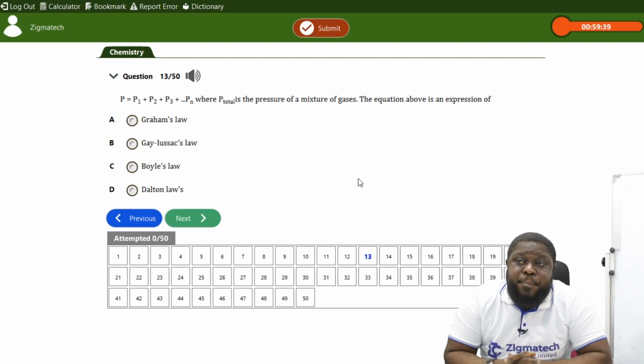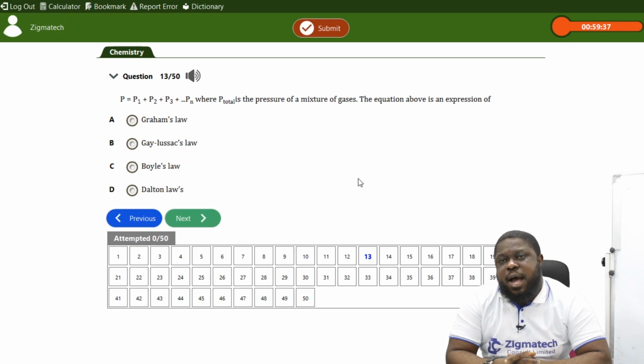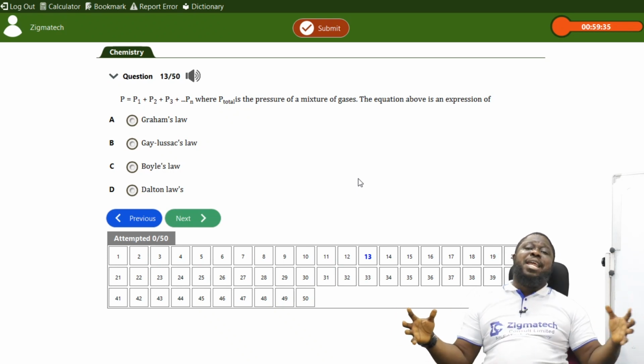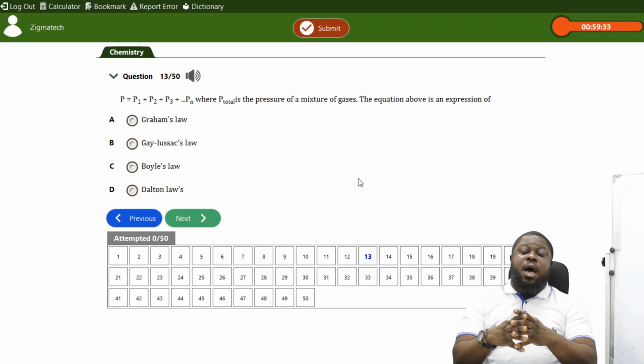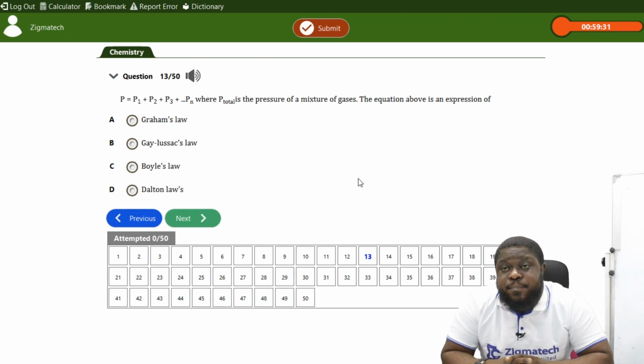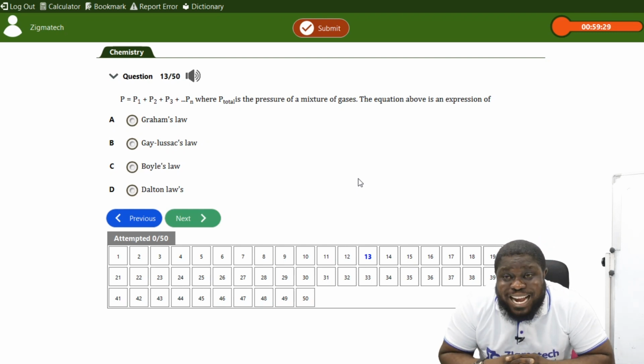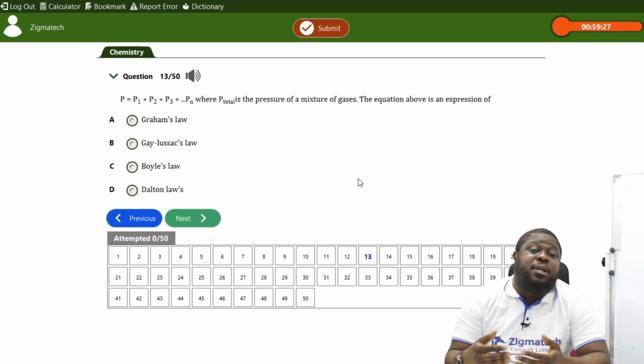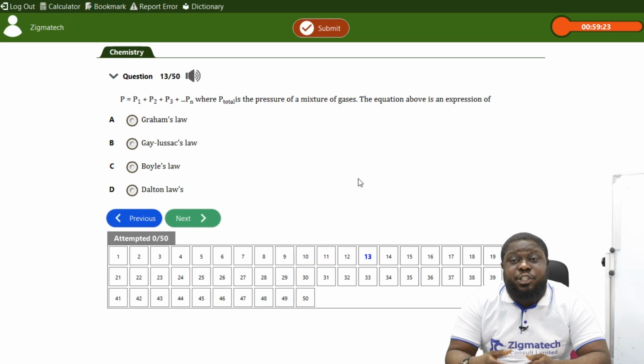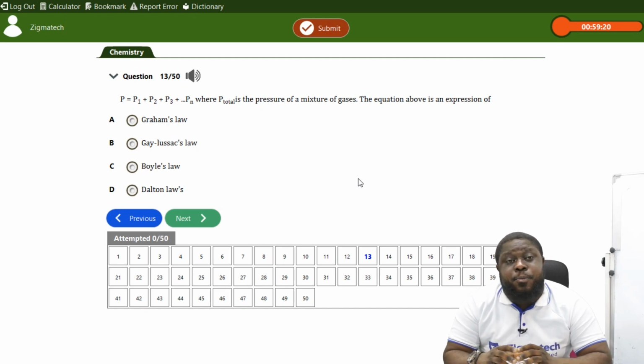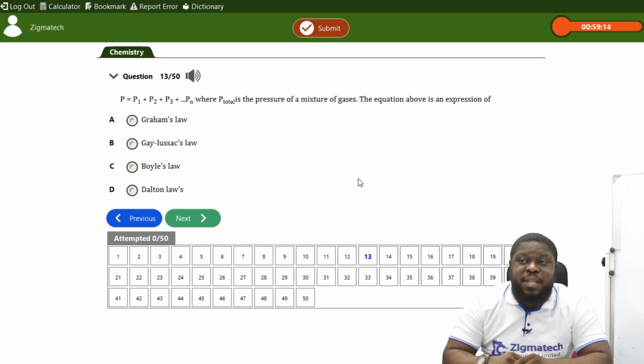This equation above is an expression of, I told you that when you want to calculate a pressure of a gas that comprises 2 or 3 gases, okay, you must calculate their pressures individually. When you get the pressures individually, you now add them together to give you the total pressure of that particular gas.